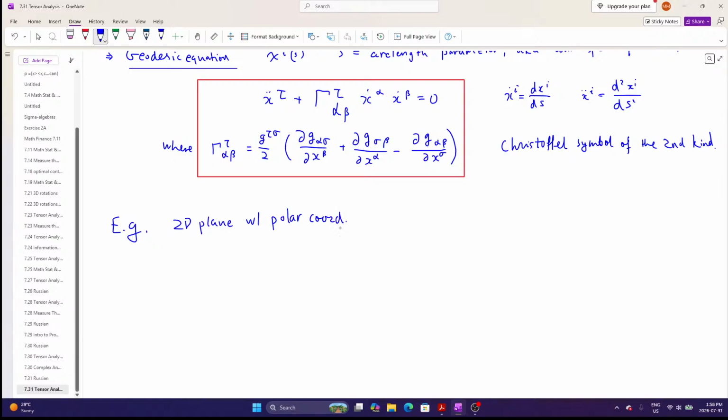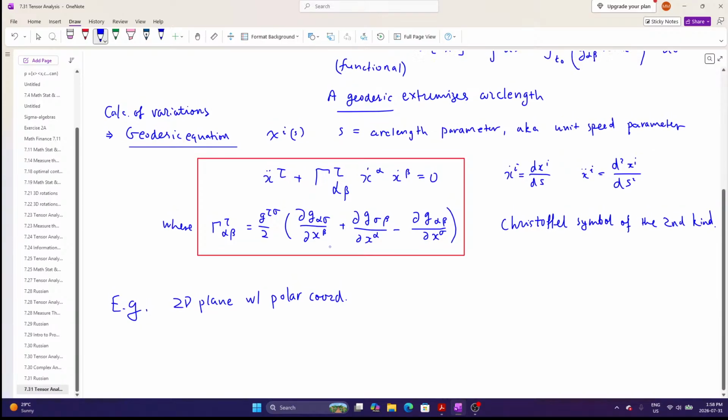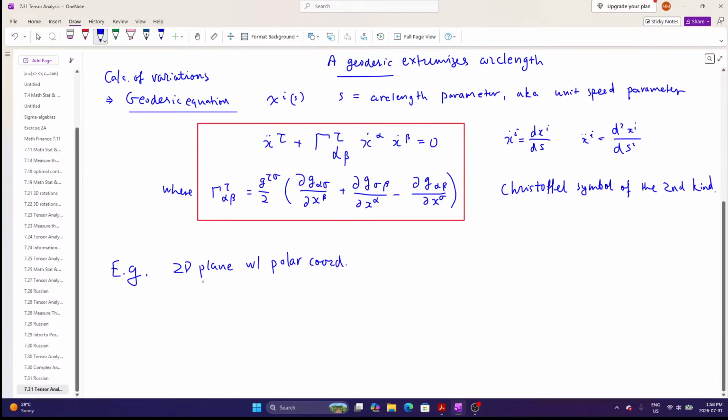Before doing any actual calculation, let's first think about what we should expect. Because this is just a 2D Euclidean plane with the polar coordinate, the geodesics, of course, are straight lines. And it has nothing to do with the fact that we use the polar coordinate to study the plane. Geodesics on the plane should just be straight lines. Every middle school student knows that.